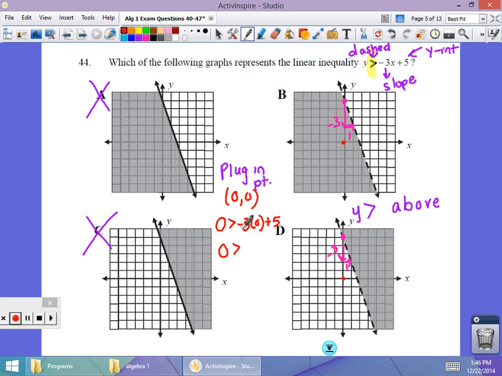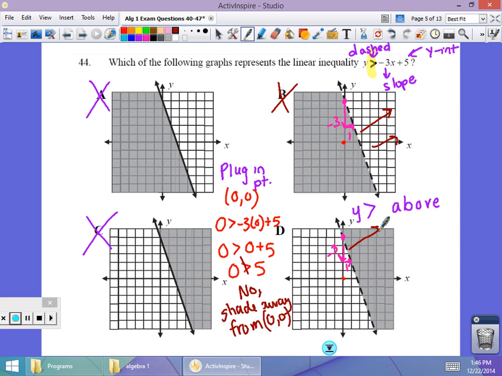Negative 3 times 0 is 0, so 0 is greater than 5. But is 0 greater than 5? No, it's not. So you're going to shade away from 0, 0. So I'm supposed to shade on this side. That takes B out of the equation. And you look at D, and it looks like they're shading above. So D is your answer.